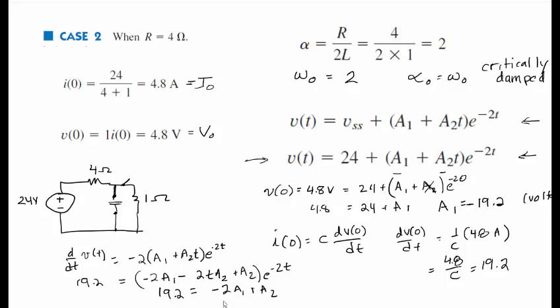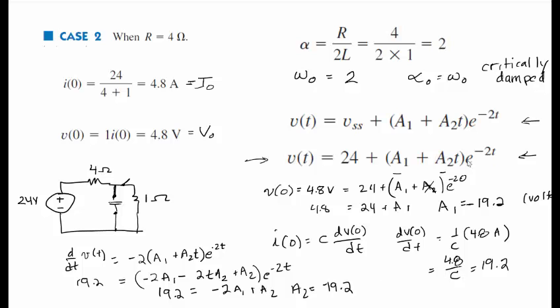Yes, it is, because you put minus 19.2 in for A1 right here, and it will come out. So with these two equations and two unknowns, you get that A1 is minus 19.2, and A2 is also minus 19.2.